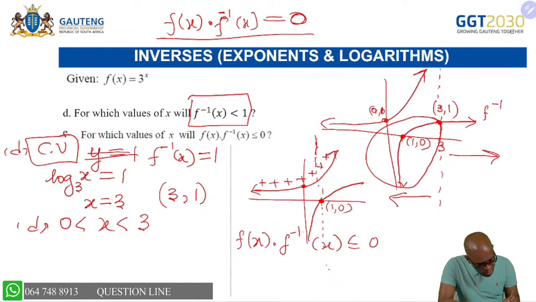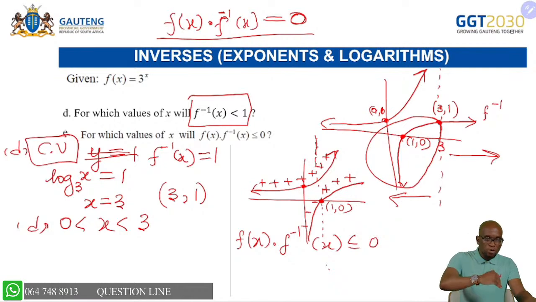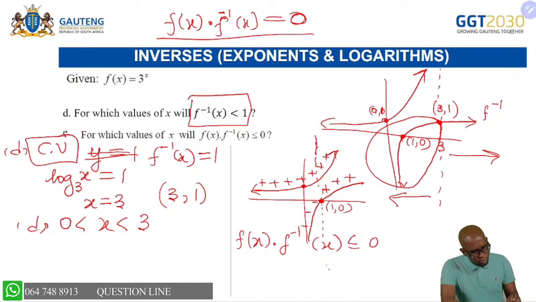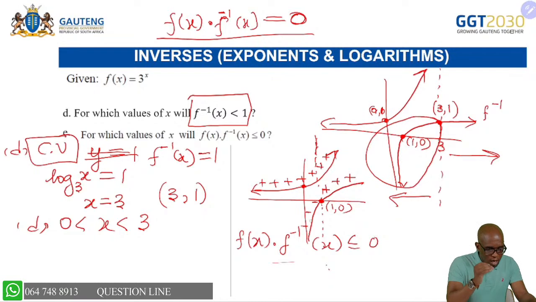What about g? G, or rather the inverse, is below the x-axis here, and then here it's above the x-axis. So I was tracing it where it was below the x-axis and tracing it where it was above the x-axis. Now, if we look at the question, it wants us to work out where the two graphs combined are negative. So we are looking at different signs.